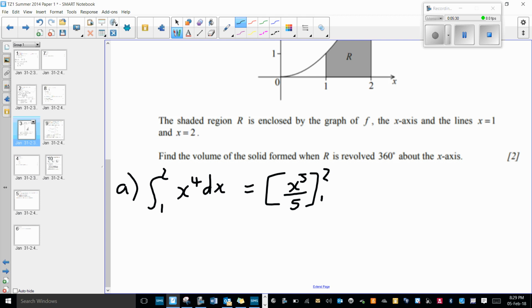So it's 2 to the power 5 over 5 minus 1 to the power 5 over 5. So that's 32 over 5, subtract 1 over 5, and that is 31 over 5.